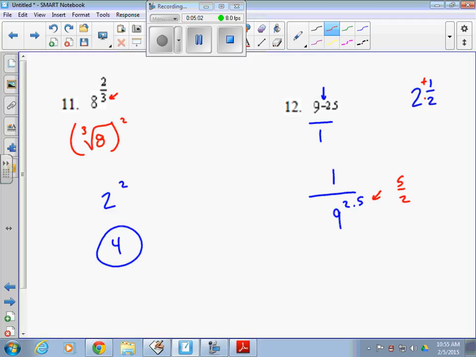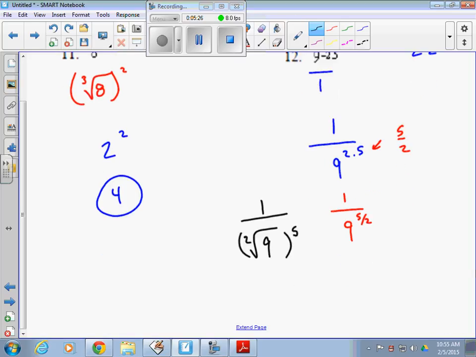So it's really a much easier problem than it looks. So what it turns into is 1 over 9 to the 5 over 2. You know that the bottom number again is the index, so it's going to be the square root of 9. You can write the 2 there if you have to. But all of that's going to be raised to the 5th power. So you know the square root of 9 is 3, so it's 1 over 3 to the 5th power.